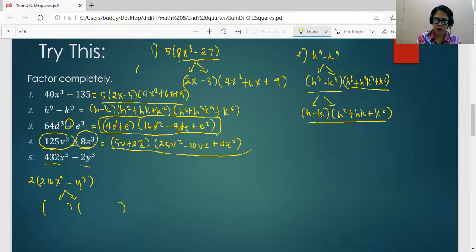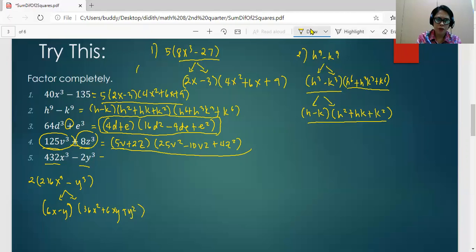The cube root of both terms is 6x and y, separated by a minus sign. And then the first term here is the square of 6x, so we have 36x squared. The product of the two times negative 1, so it's plus 6xy. And then the square of negative y is y squared.